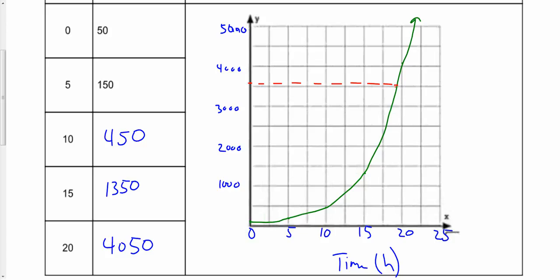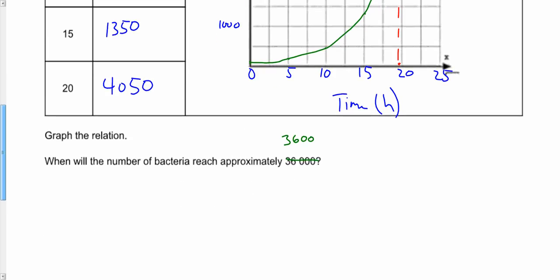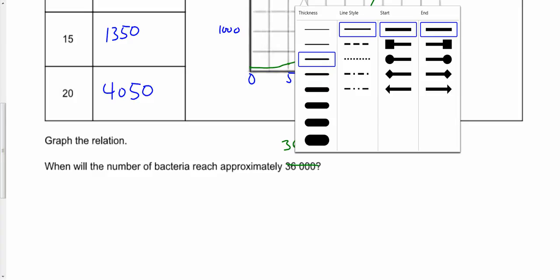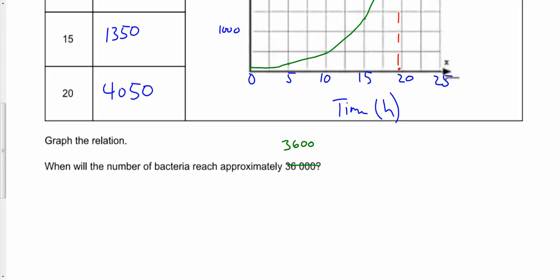So 3,600 is my horizontal red mark, and if I go down from there, I will get to about just under 20 hours. So maybe about 19 hours and 30 minutes would be my guess. That's a pretty good guess based on my graph and the data that I have available to me.